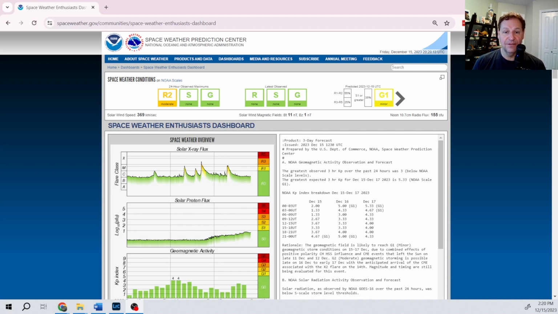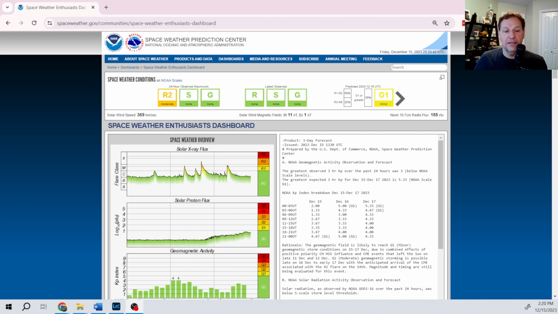Often you can just search for them with Google or some other search engine, but the sort of simplistic collection of space weather information is on the Enthusiast Dashboard. They do have some other dashboards, but this is what I look at. So it's Space Weather Enthusiast Dashboard from the SWPC.